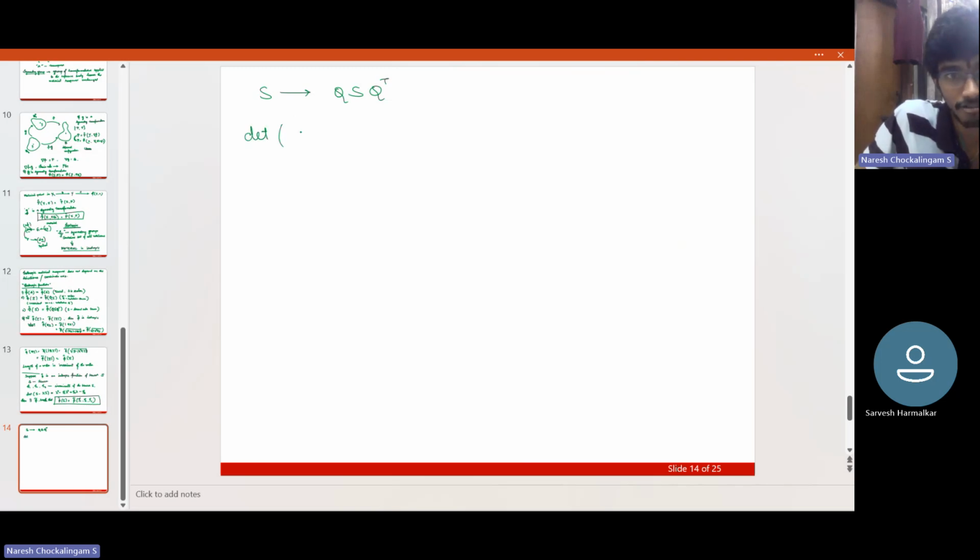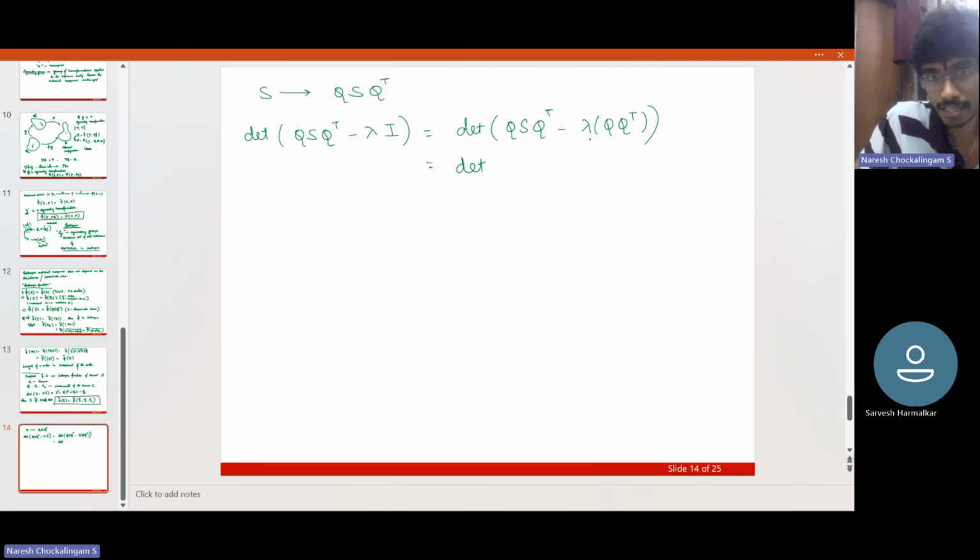So it is determinant of Q S Q transpose minus lambda I. This can be written as determinant of Q, S minus lambda I, Q transpose, taking Q and Q transpose commonly out.